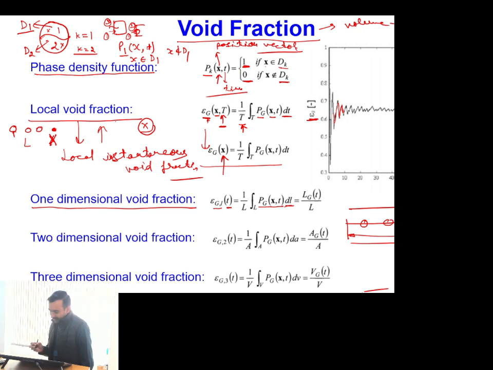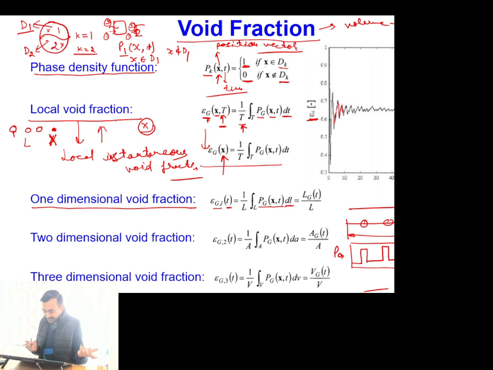So at T1, what will you get for the phase density function? Here it will be 0, then 1, 0, 1. This is as a function of length. So exactly in front of the bubble, it will be 1, and away from the bubble, it will be 0.